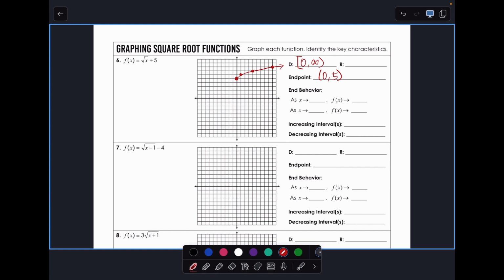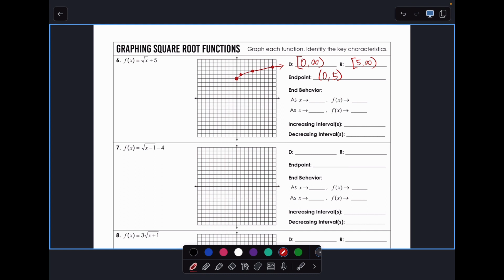Which x value does it begin at? 0. So that's why we start at 0, inclusive, and then it goes to positive infinity. Okay, then tell me what the range is. 5. Yes, 5 and up or 5 and down? Up. So it's going to be inclusive 5 to positive infinity. Okay, all right, moving on.